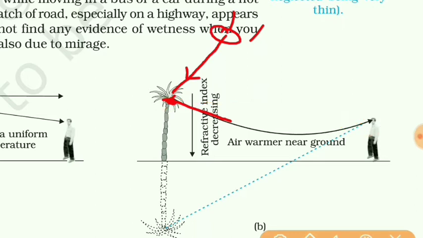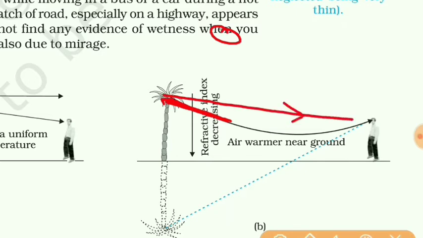One ray is coming directly, and so a person can observe this tree, but there are other rays moving in the downward direction, because from any object many rays are coming.